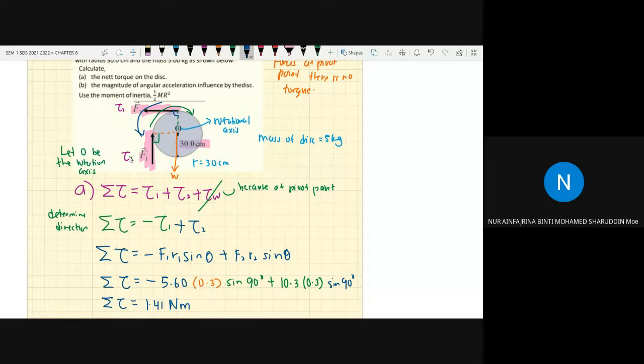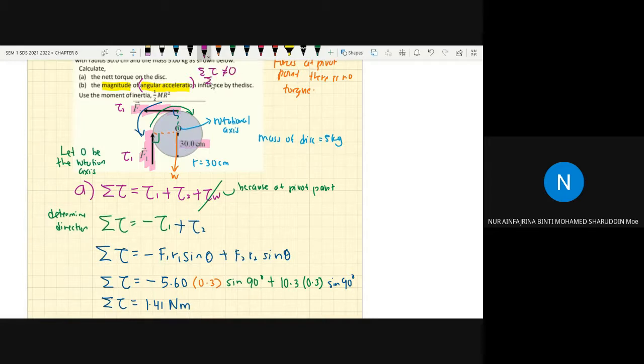Okay, now macam mana nak bezakan sama ada objek itu adalah equilibrium ataupun tidak. Awak cuba tengok the next question. Dia mesti highlight dengan warna kuning. So dia cakap calculate the magnitude of what? Angular acceleration. So bila dia dah cakap calculate magnitude of the angular acceleration, obviously kita tahu summation of torque dia tak sama dengan zero dah.